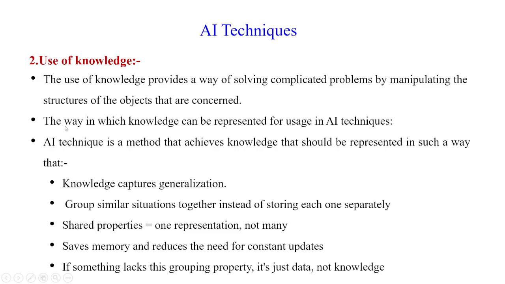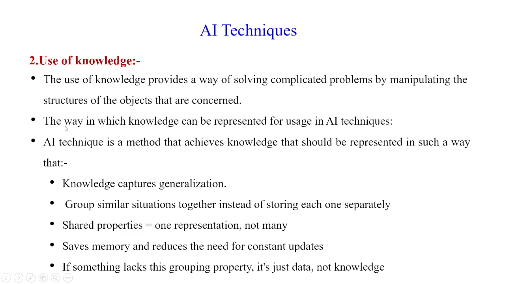Think about a doctor diagnosing a patient, for example. They don't try every possible diagnosis, right? They use their medical knowledge to narrow down and diagnose the disease. This is called the use of knowledge in action.